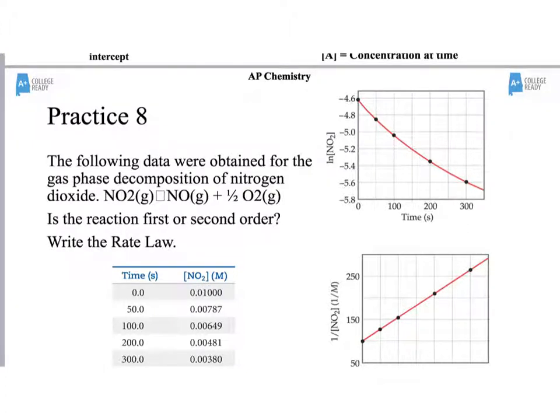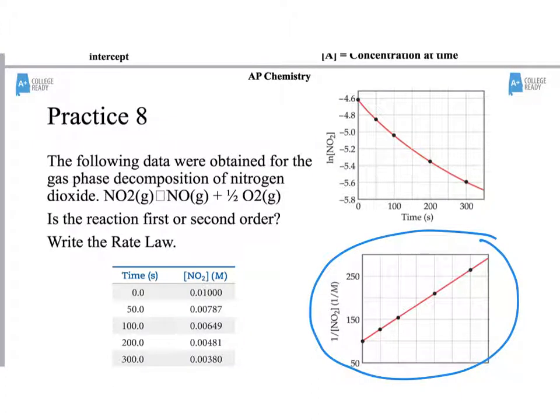So it's pretty straightforward. Looking at the 2 graphs, we're looking for which graph has the straight line with the correct slope. So this is the graph with a straight line. And therefore, which graph is this? It's 1 over concentration. And which graph is that?